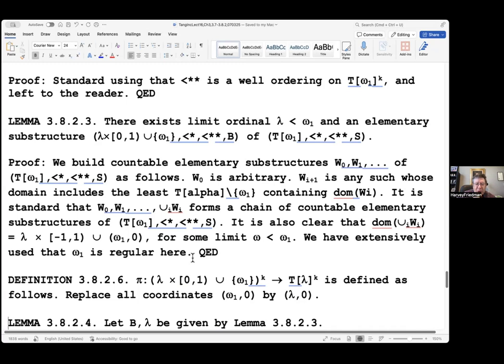The first thing you want to do is prove that there's a countable limit ordinal lambda and an elementary substructure of T omega. So you want to take this structure very seriously. It's the entire space of length omega 1. If you remember, it has a highest point, which is the ordered pair omega 1 comma 0.